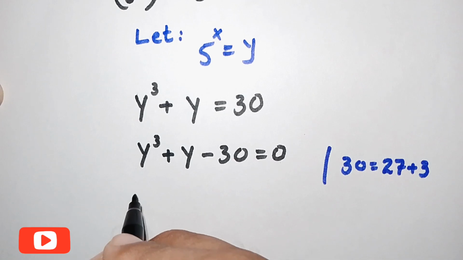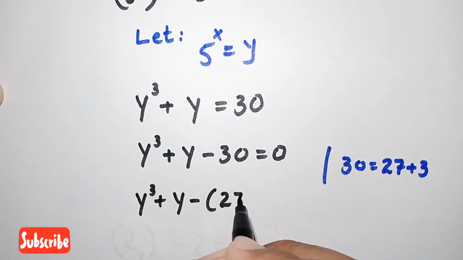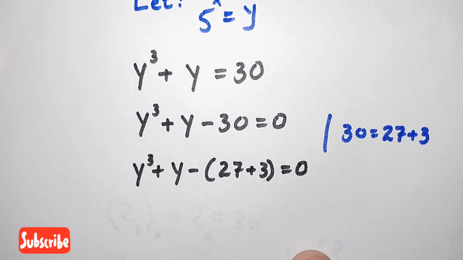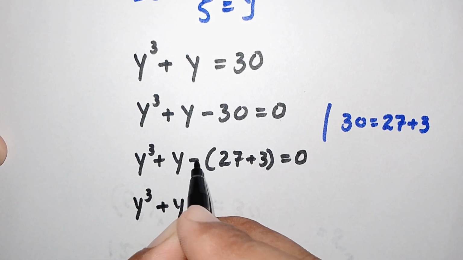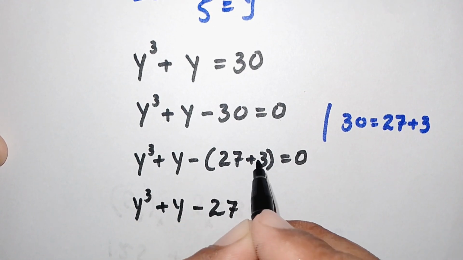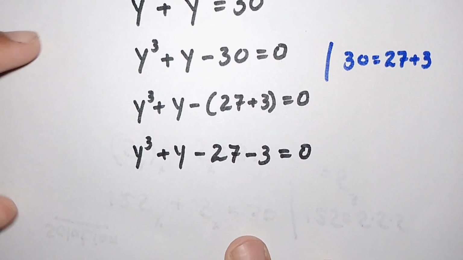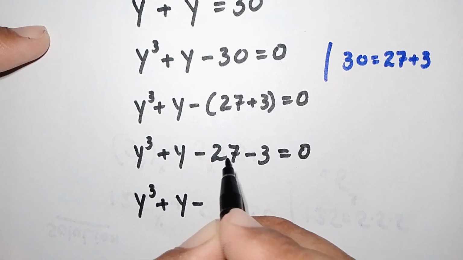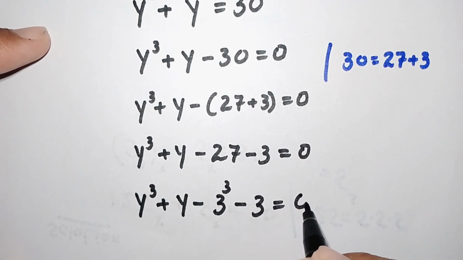So here this will become y to the power of 3 plus y minus 27 minus 3, which is equal to 0. Now, in the next step, y to the power of 3 plus y minus 27 minus 3. Here y to the power of 3 minus this 27, which is also equal to 3 to the power of 3, minus 3, which is equal to 0.